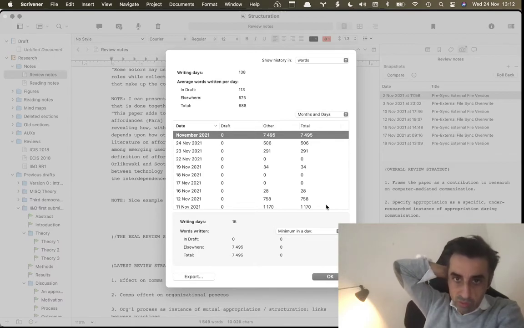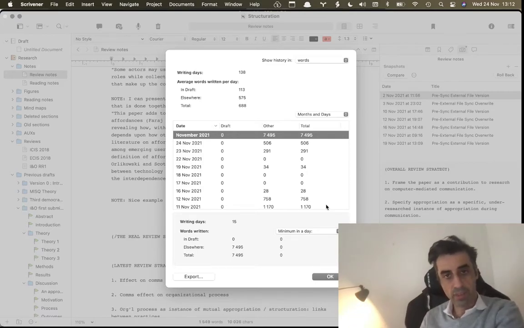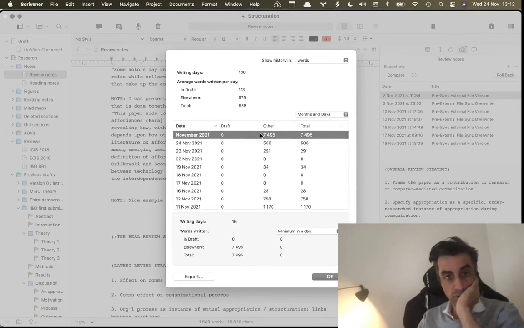And what I would say is that what you want, obviously keeping the quality of your work together, is looking at your writing days per draft. Obviously, Scrivener doesn't know this, but for example, on this paper, I know I've done one submission and one revise and resubmit, and I'm doing one revise and resubmit.